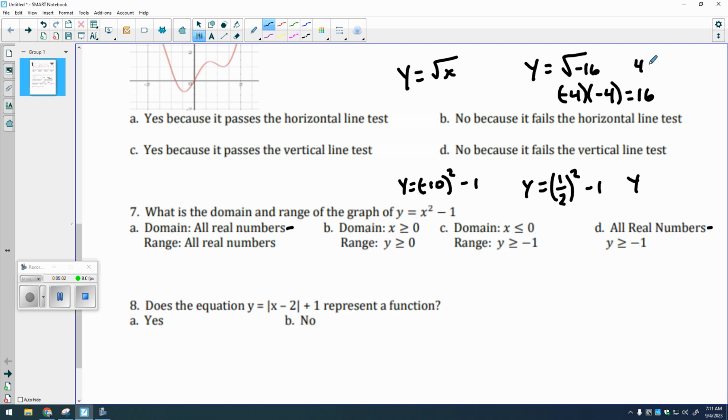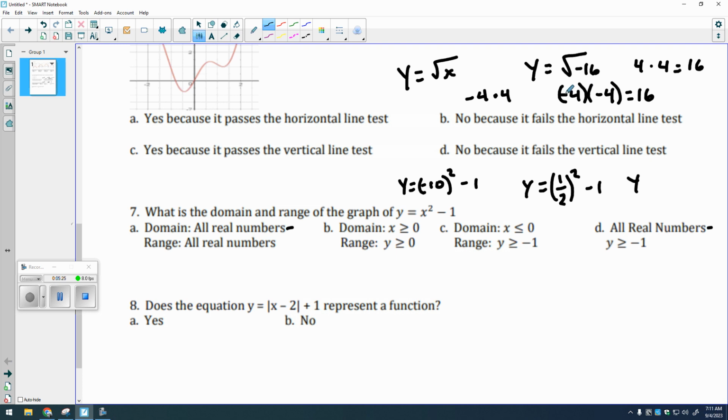Well, then what about a positive 4? A positive 4 times a positive 4 is also 16. The only way to get a negative 16 is if I do a negative 4 times a positive 4, and that is no longer the definition of square. Square root says what two numbers can multiply by itself.